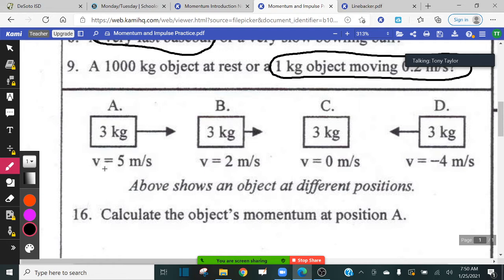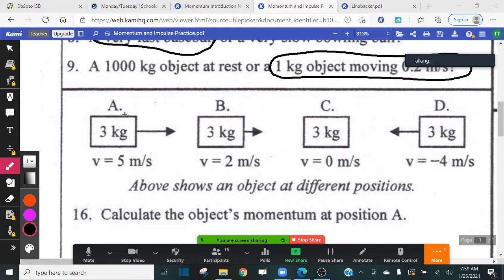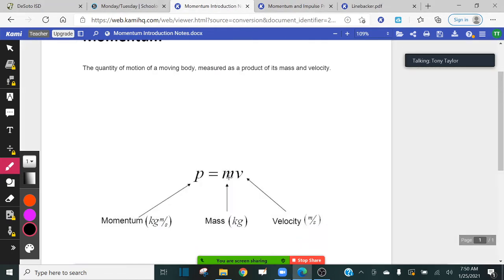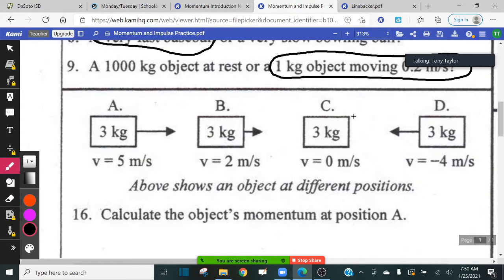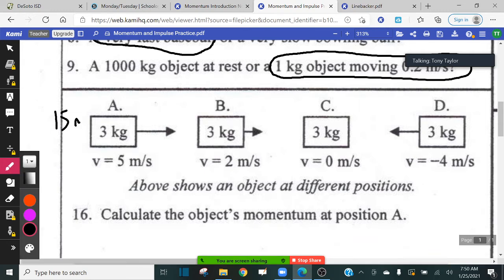Okay, so if the object is moving at 5 meters per second and it has a mass of 3 kilograms, remember what momentum is. Momentum is just mass times velocity. So with that said, what is 3 times 5? 3 times 5 is equal to 15 meters per second. Right?